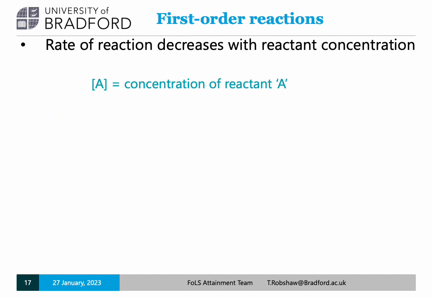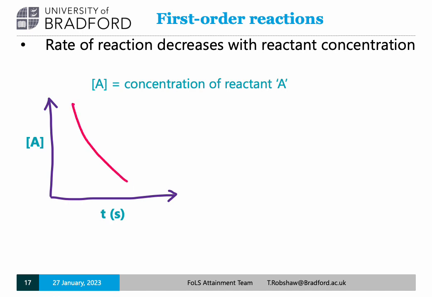For other reactions, the speed of reaction is influenced by the amount of reactant present, i.e. the more the concentration of the reactant decreases, the slower the reaction will go. You can see this relationship on the graph here. Now, the rate of reaction here has a very specific relationship with the reactant concentration.